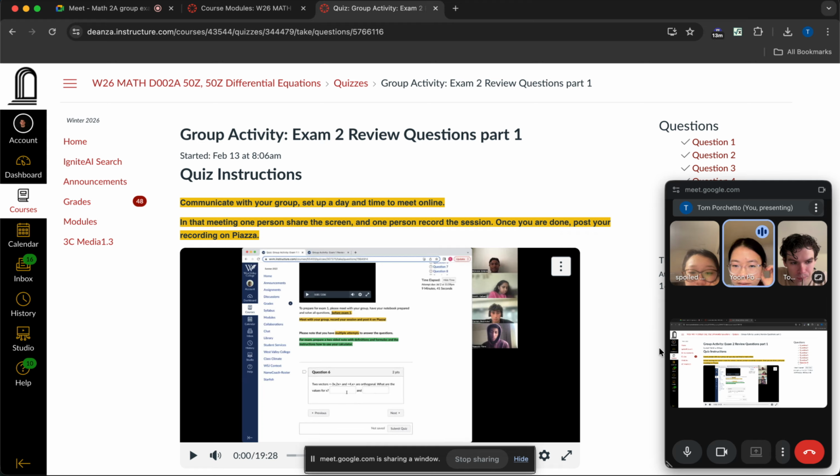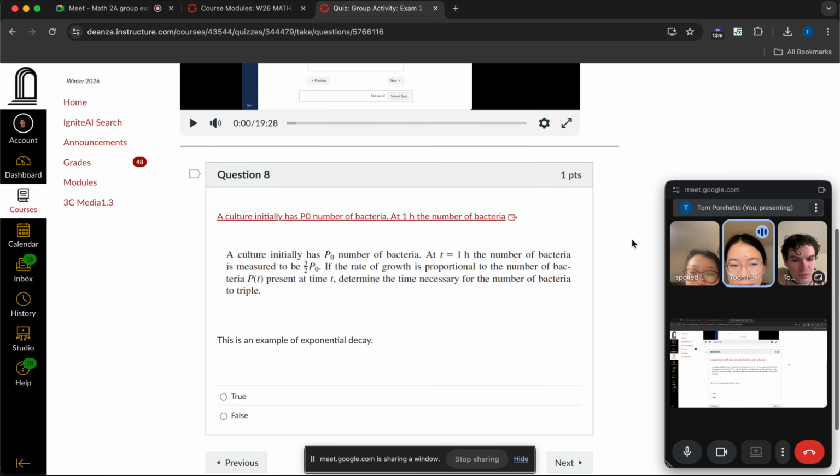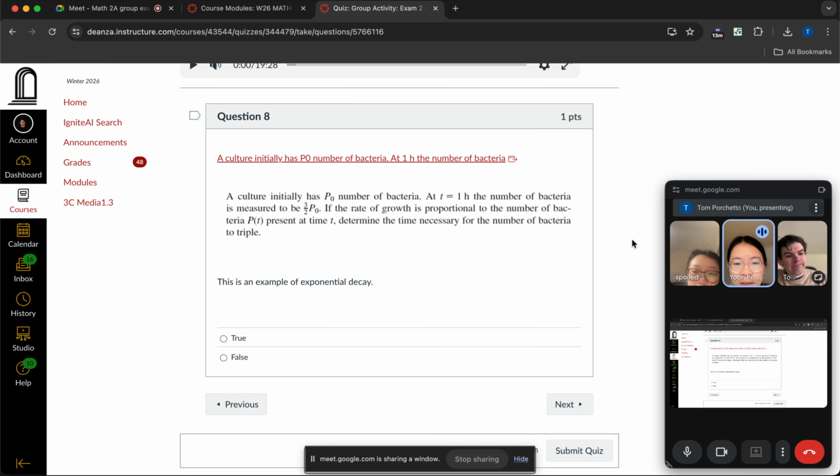But if k is negative, less than 0, that would be exponential decay. Here, when we calculate the k, I get around 0.4, which is greater than 0, and the rate is positive, so that would be exponential growth. So the answer to this would be false, since it is asking if it is an exponential decay.